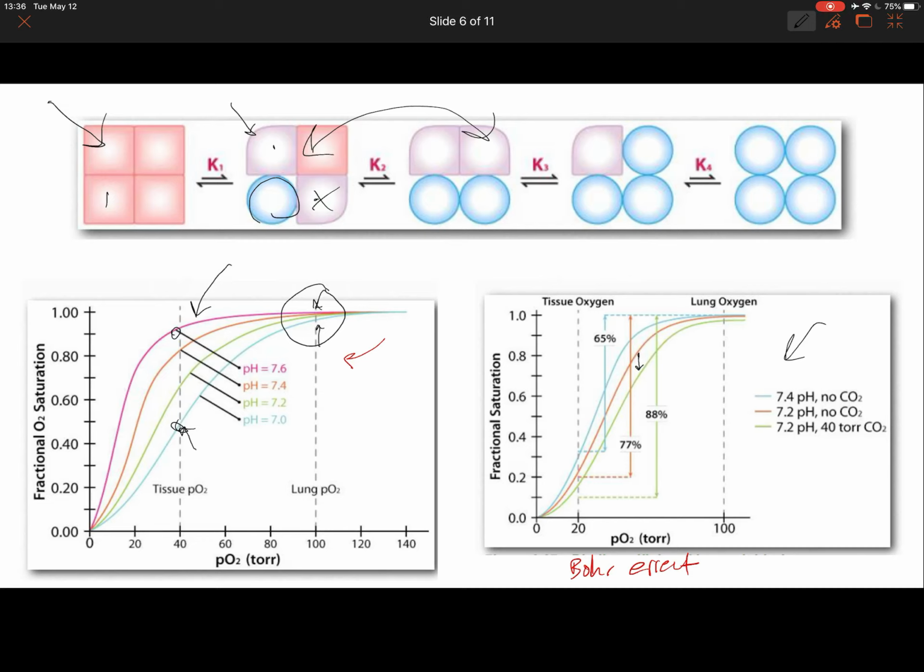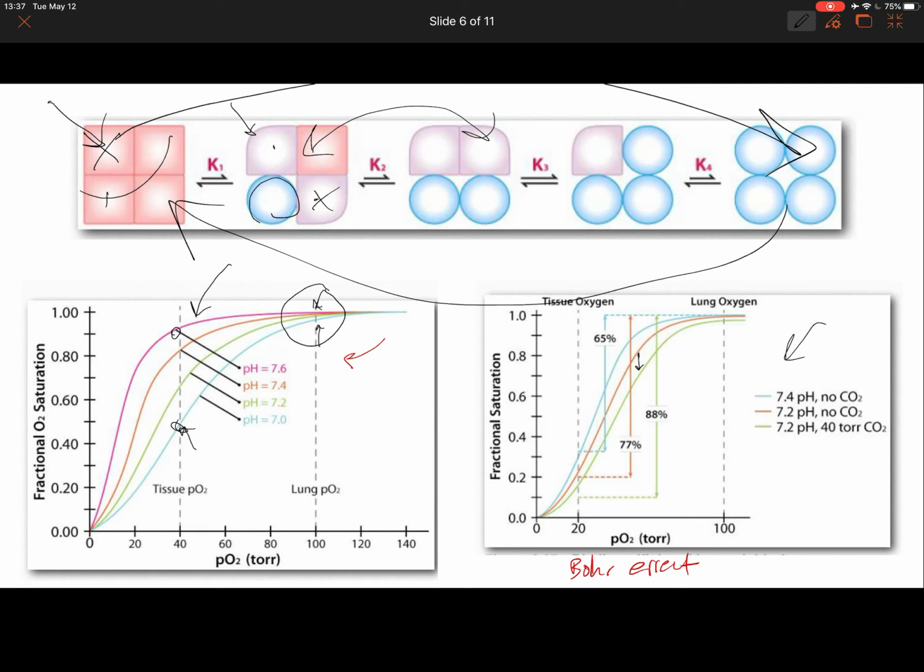There's the sequential model of binding, and then there's the concerted model. The concerted model says that when one subunit changes, the rest of the subunits change also. And it just kind of goes from one extreme to the other extreme. The sequential has the differences in these small little increments. And the sequential model is the one that best explains the cooperativity.